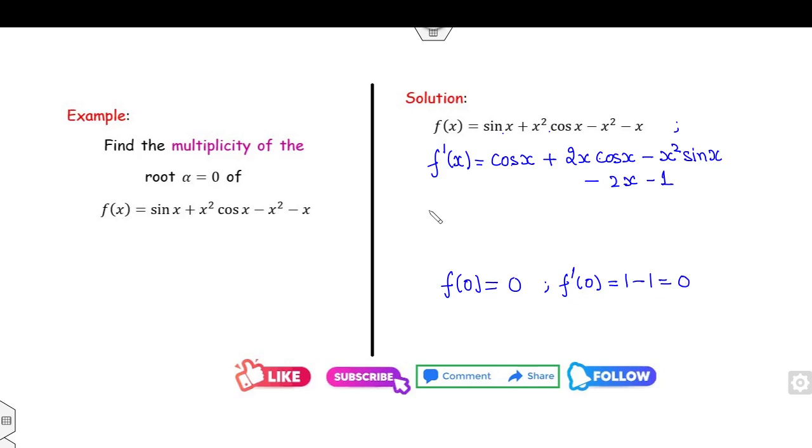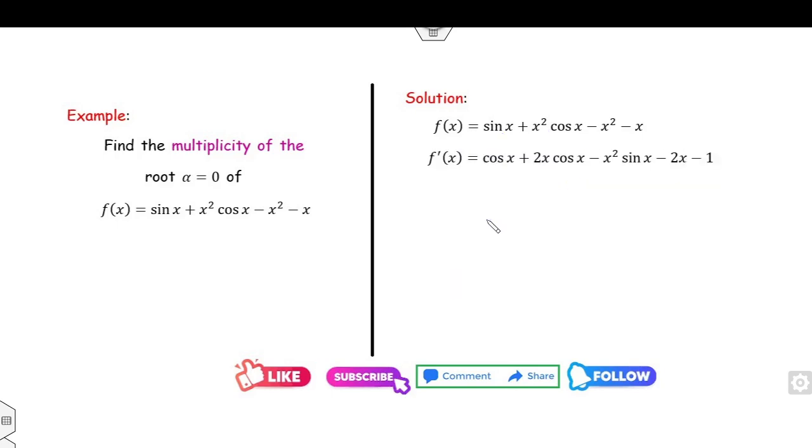So since f' is 0, I can find the second derivative. Fine. So what is the second derivative of this function? It is minus sin x plus 2 cos x minus 2x sin x.